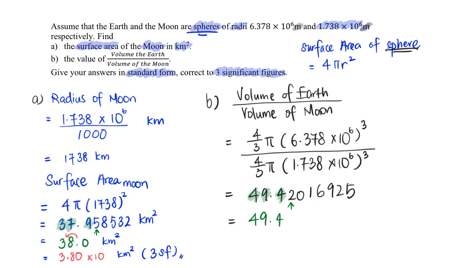And after which, to express this in standard form, it will be 4.94 times 10 to the power of 1. I only moved the decimal point by 1. Okay, and since this is just a value, there's no unit for this. This will be the final answer, and this one is in 3 sig fig.